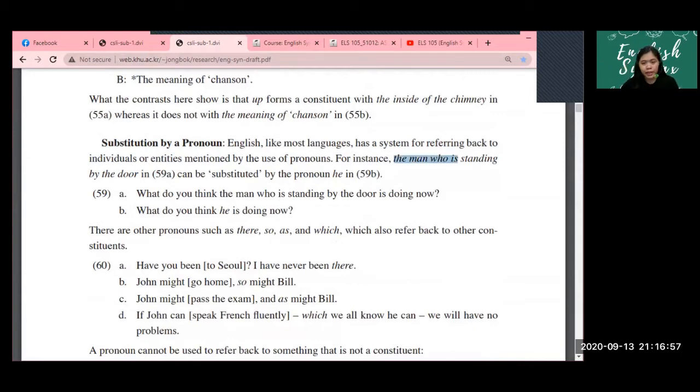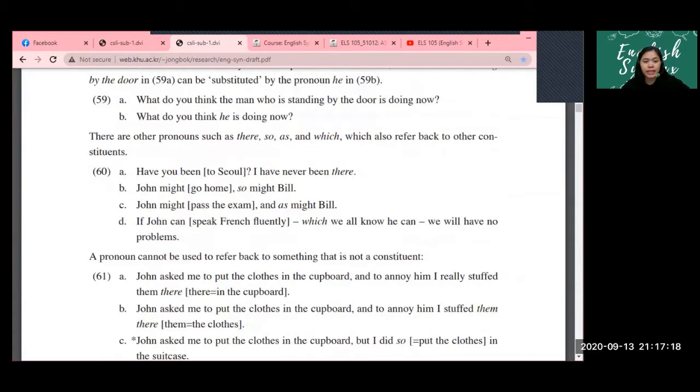For instance, the man who is standing by the door can be substituted by the pronoun he. For example, what do you think the man who is standing by the door is doing now? So we can replace that long constituent with just the pronoun he.